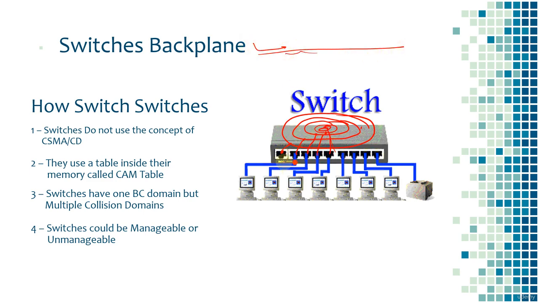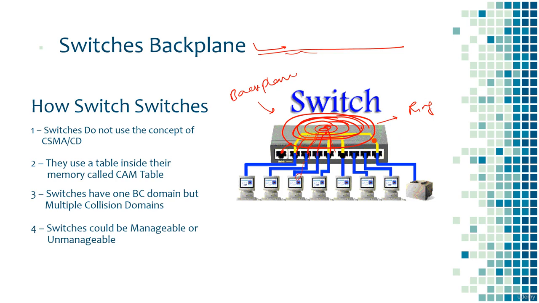But in this case, if this user wants to send information, it is going to be inside this ring topology. So if this computer wants to send, it has a separate topology, or a backplane. Basically, this thing is called the backplane. We have multiple types of backplane, but I'm not going to go into detail. We will stick with this ring kind of topology.